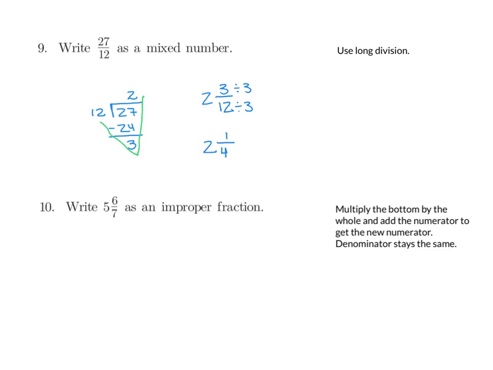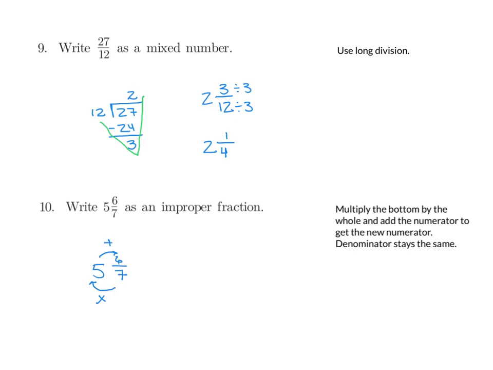Let's go the opposite direction. Let's write 5 and 6/7 as an improper fraction. So we're going to do kind of our around the world method on this. Starting at the bottom, we're going to multiply 7 times 5 and then add 6.